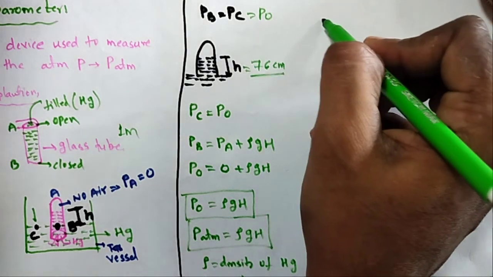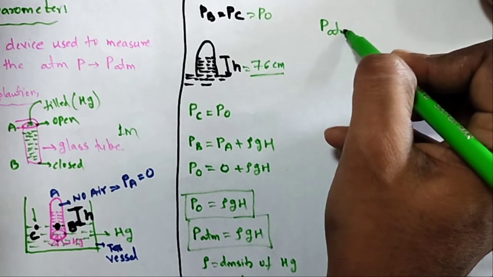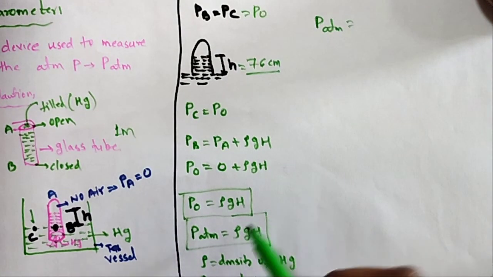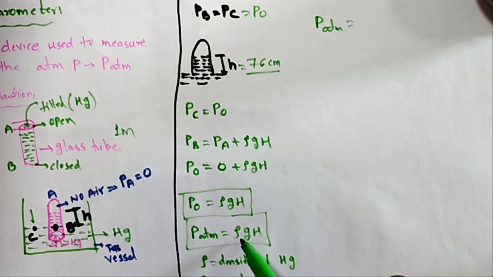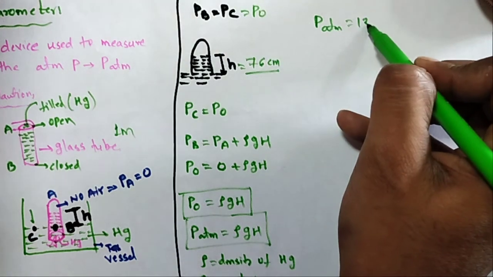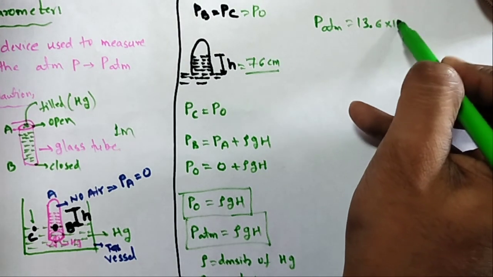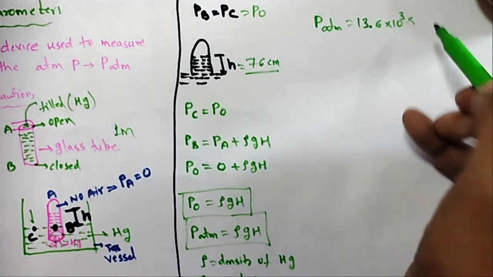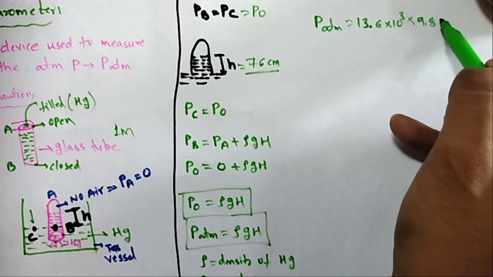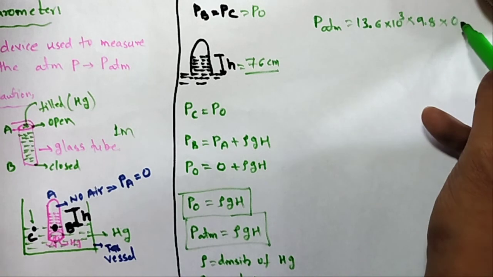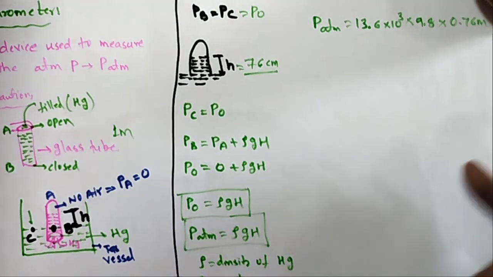Therefore P atmosphere is equal to rho gh. Rho is the density of mercury, 13.6 into 10 cube, g is equal to 9.8, and h is equal to 0.76 meter.